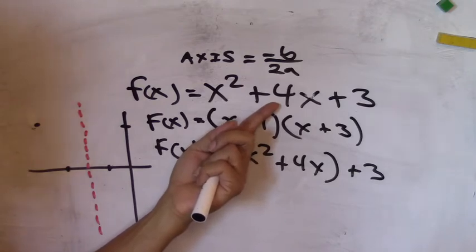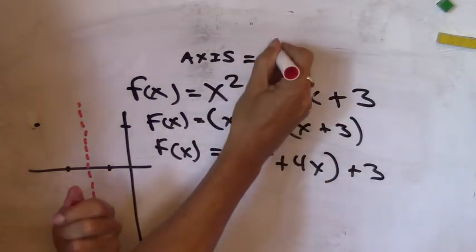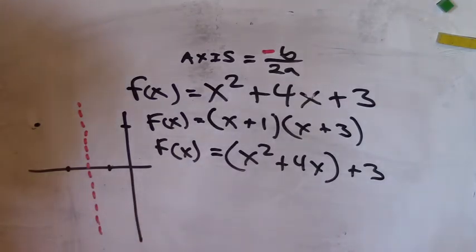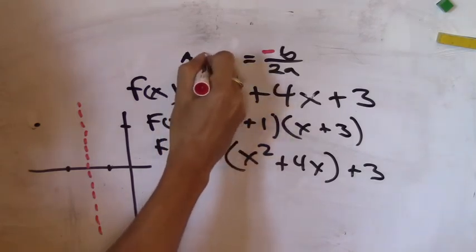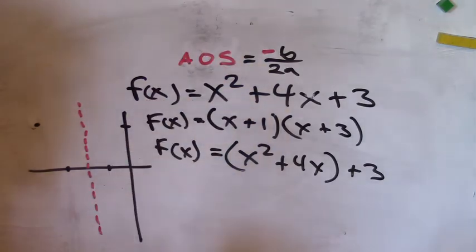Oh, that's right. Negative 2. Let me put that right there. Axis of symmetry. That's this red thing right there.